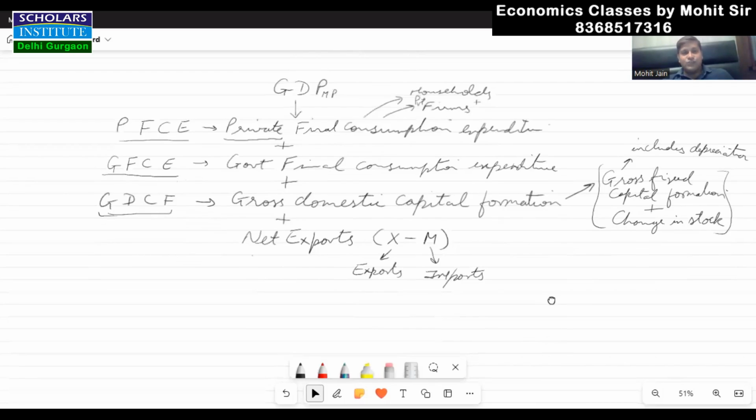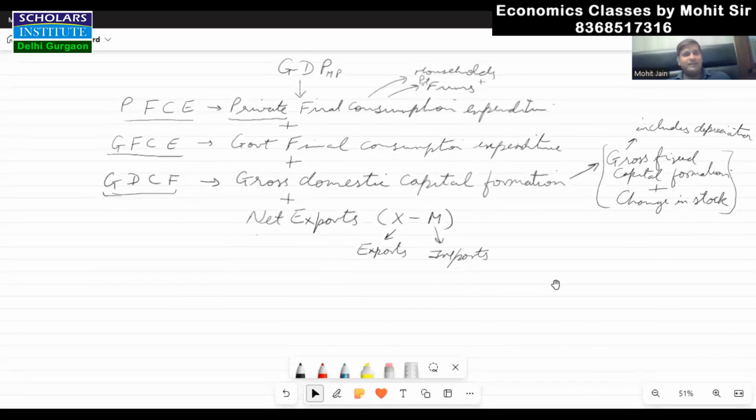By adding these four things, what we will get is GDP MP. Okay. And then what we do is we go for GDP to NNP FC because we have to find out national income. So now we have to find out NNP FC.